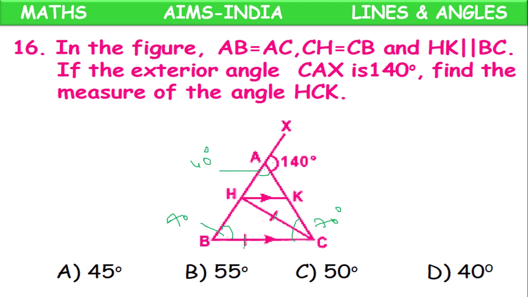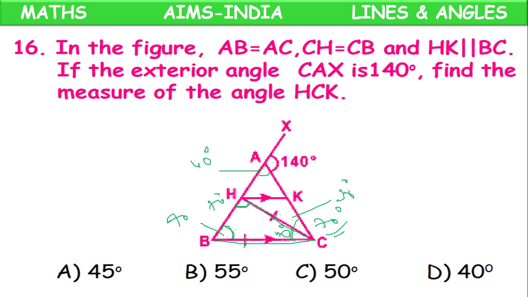This side is equal, so this side's opposite angle we have this. If this is 70, this also will become 70. So 70 plus 70 is 140. This downside part will be equal to 40 degrees, so the upside part will be equal to 30 degrees.